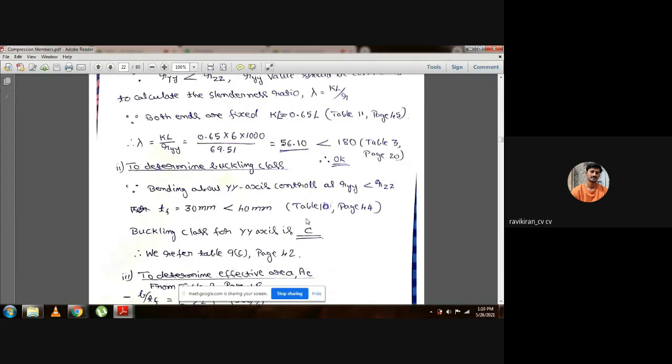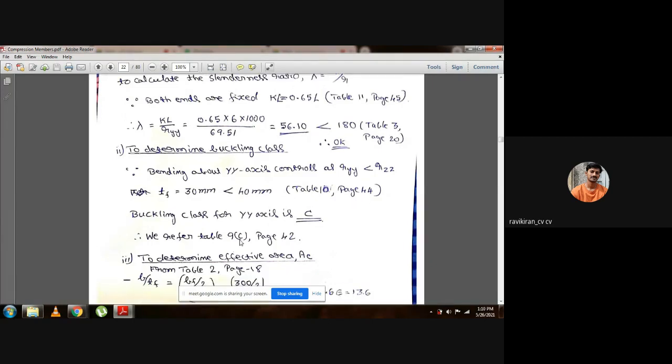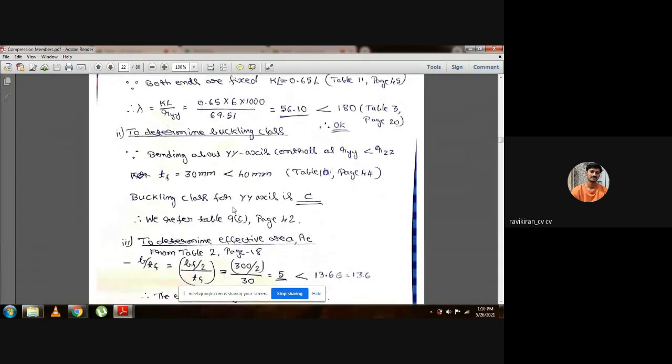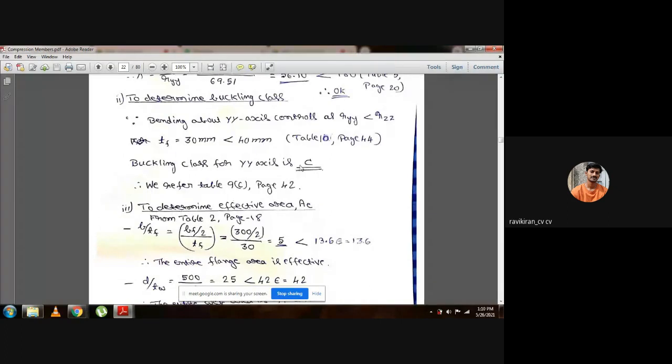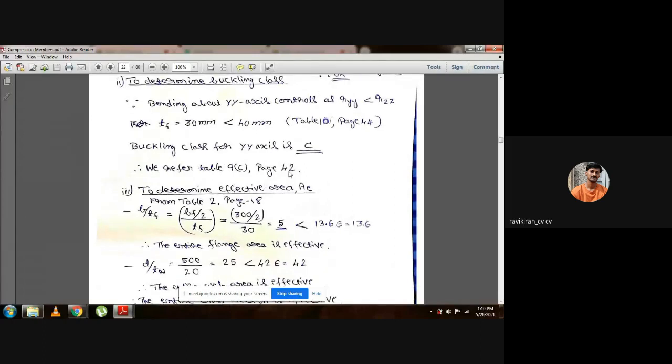This will be available in table 10 of page 44 IS 800. We got buckling class as C because in the YY axis. So once we got this buckling class C, you should open IS 800 page 42 to get the KL by R value, correspondingly FCD value.